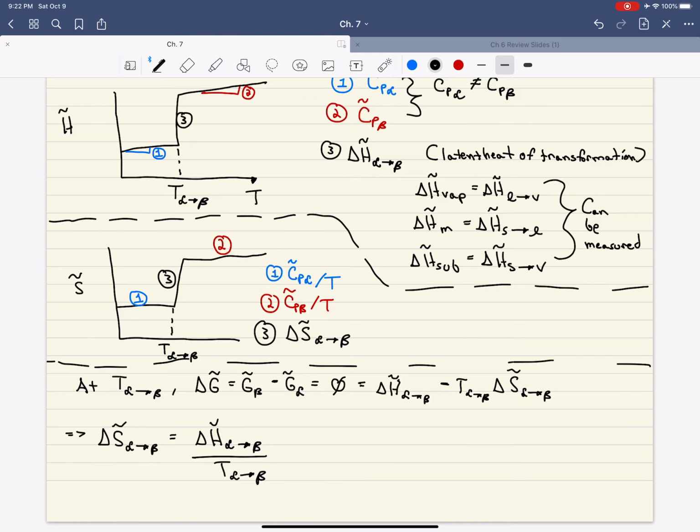What that means is that, because both of these things can be directly measured, we could determine the change in entropy from those measurable properties.